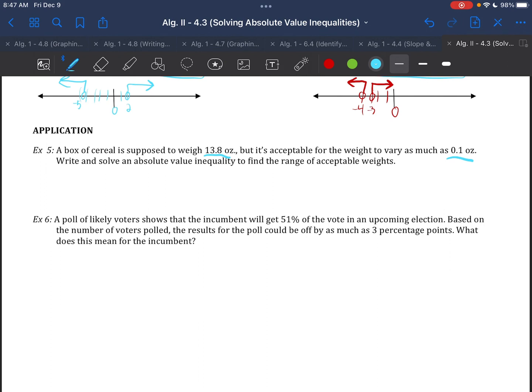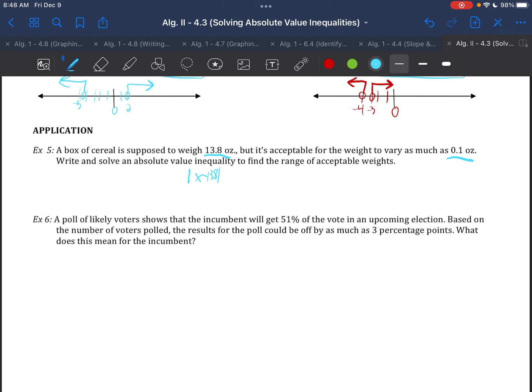So how we would do this is we know we want it to be 13.8 ounces and it could be off by as much as that. So no more than that, we would say. So we're going to do the absolute value of x minus 13.8. What x is going to represent is the high and low of what it could be, or the acceptable range, really.